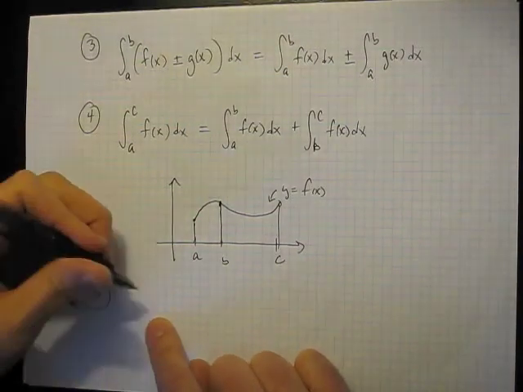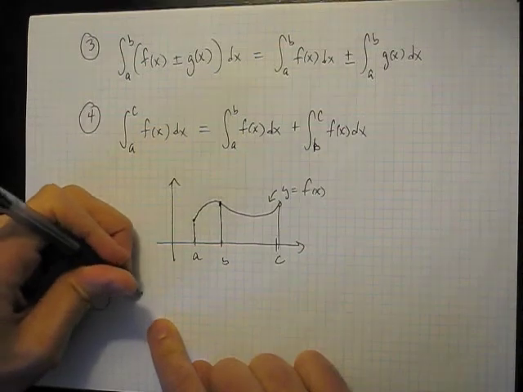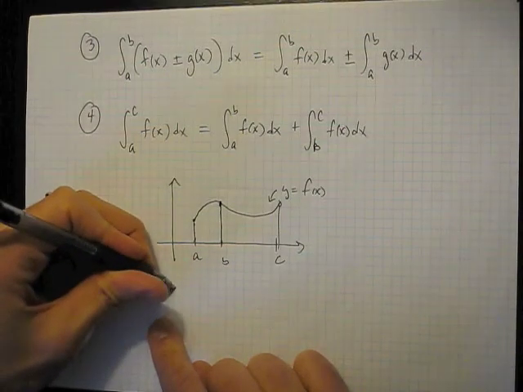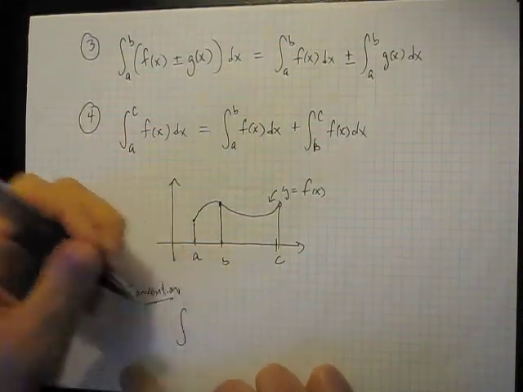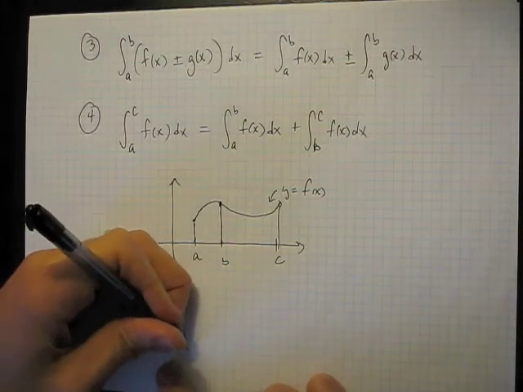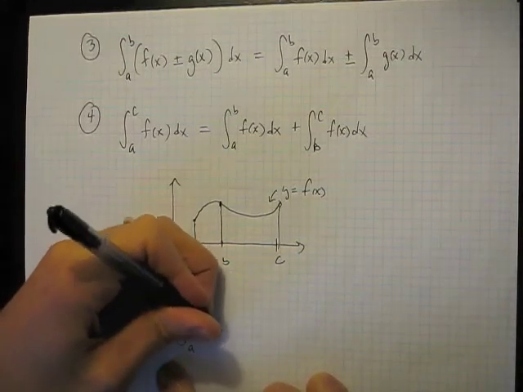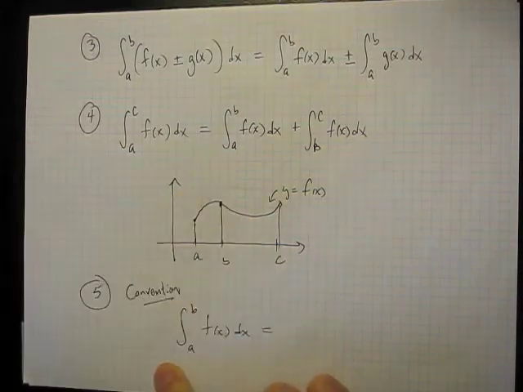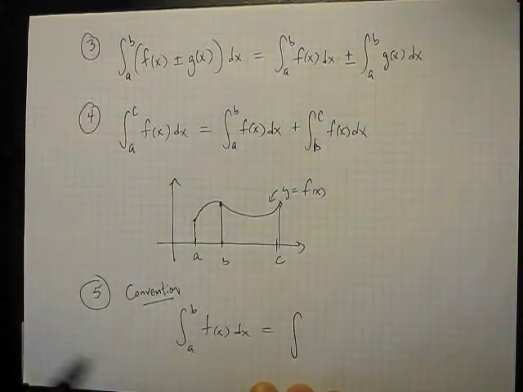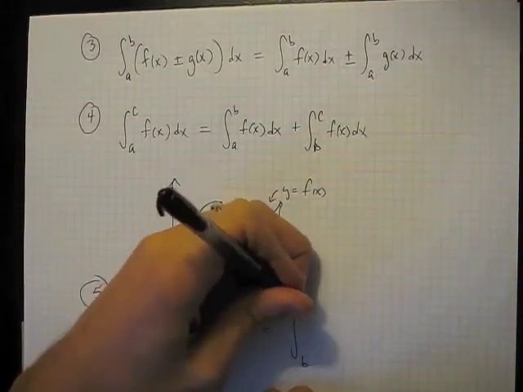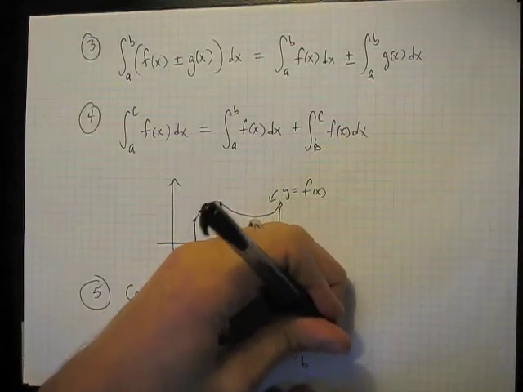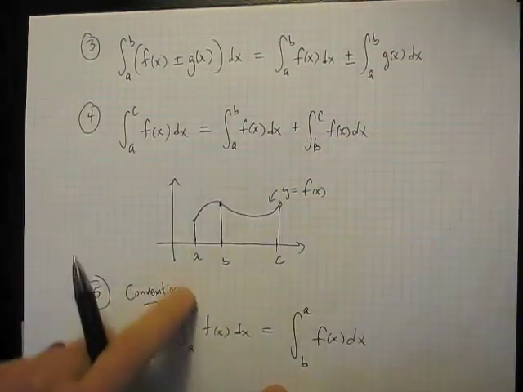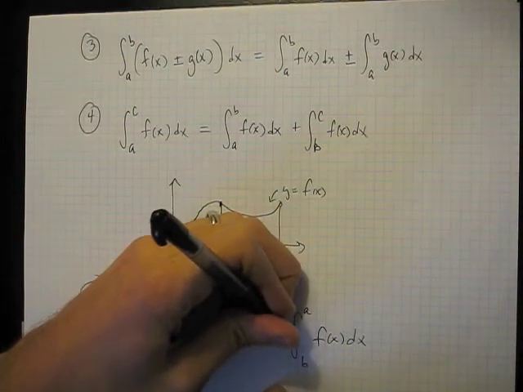Okay, this is just a very common sense property. One other, this is just a convention that we will probably use from time to time, and that is that if you have the integral from a to b, then if you were to reverse it, if you were to switch these endpoints, then all it affects is the sign.